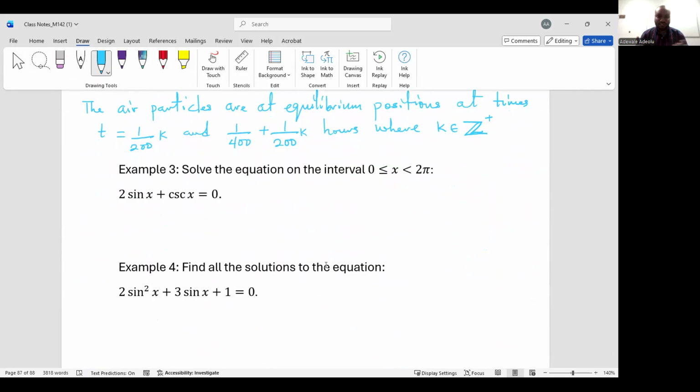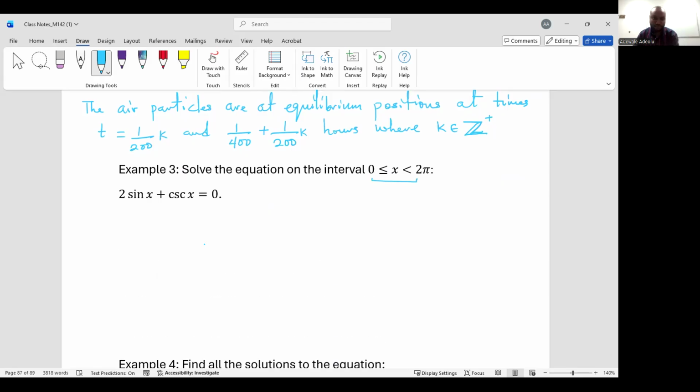So in general, I have a problem where I give you just from 0 to pi. So let us quickly solve this. Again, if I want to solve this, I need to use some identity.